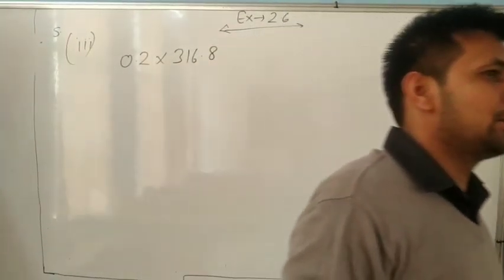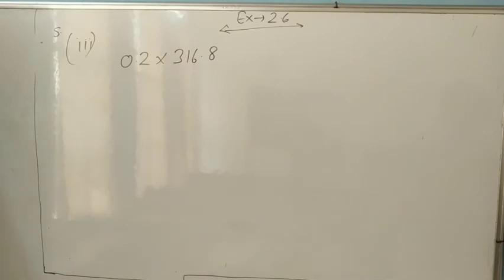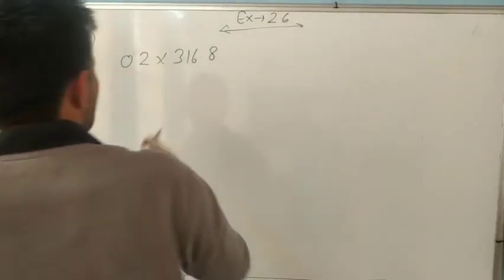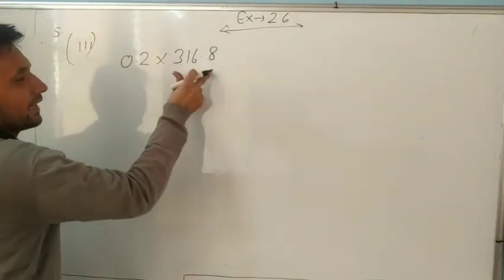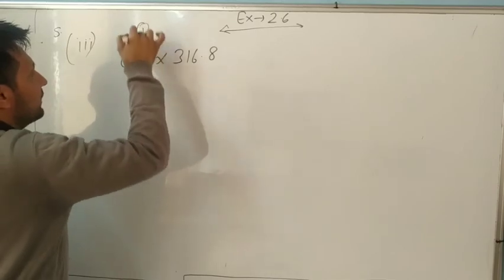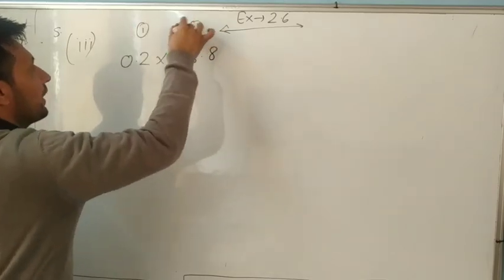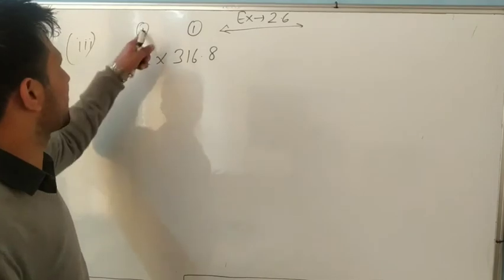How many digits after the decimal? There are 2 decimal numbers. After the decimal, 1 digit here, and here also 1. So we will add 1 plus 1, 2.